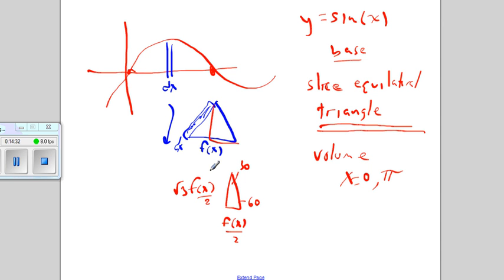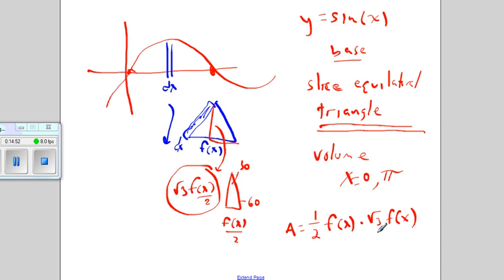That gave us the height. That gave us this. So the area of that triangle is 1/2 base times height. So this is my base. This is my height. 1/2 that, area of a triangle.